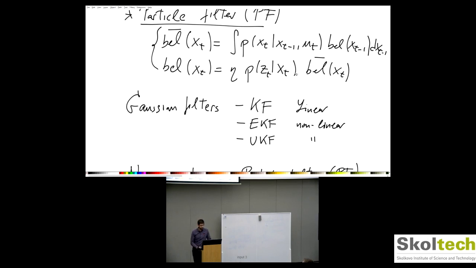With non-parametric methods, instead of trying to get a closed form or a numerical form, you just have a bunch of samples that give you a statistical representation of the same beliefs and the same likelihood functions. In this case, this is the transition model, and this is the observation model. Okay, so this is the roadmap for today. We are going to be talking about particles, but this all comes from the Bayes filter.